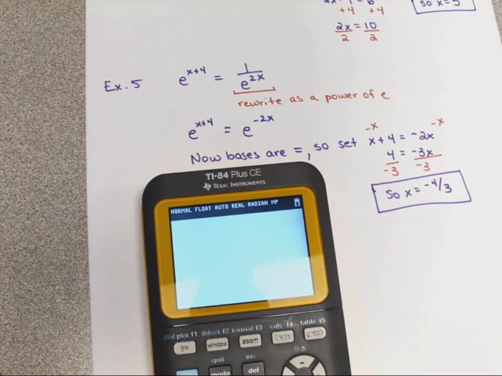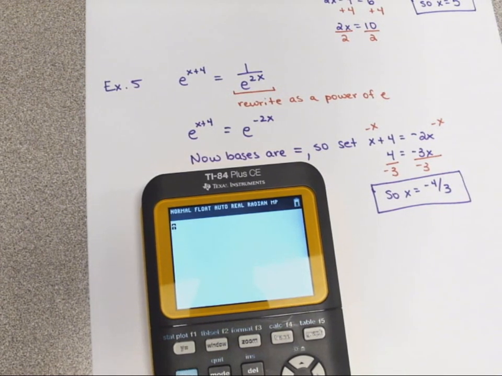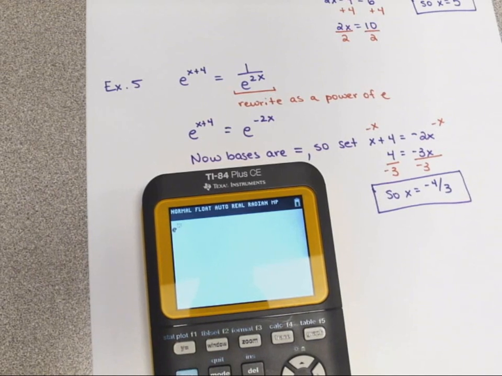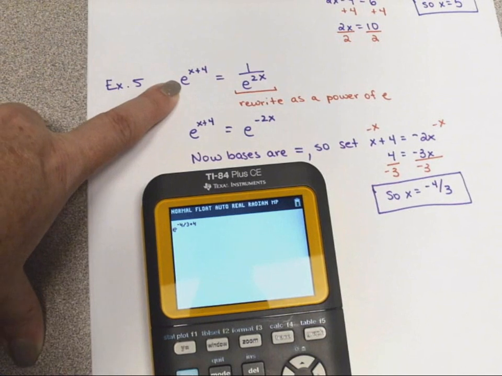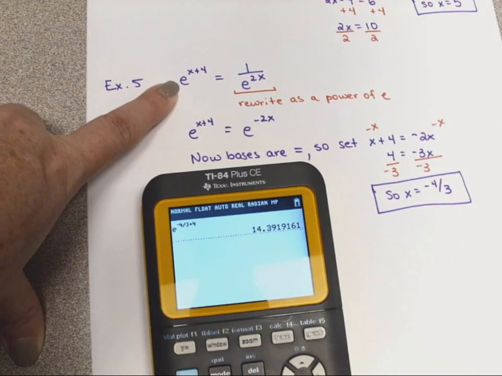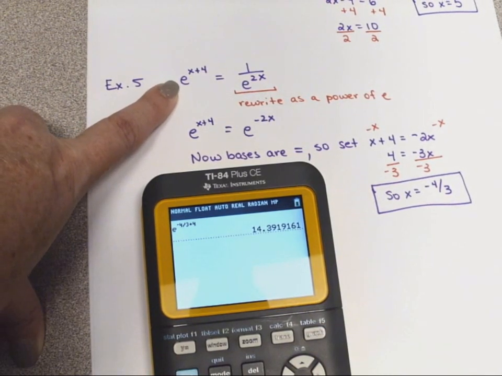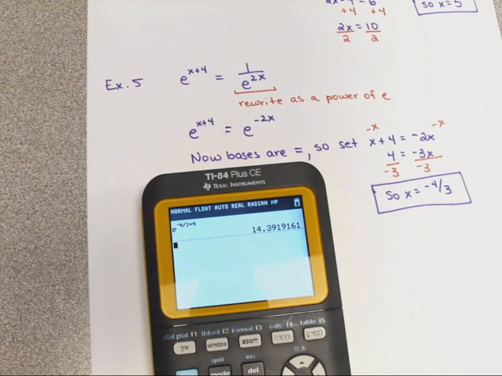Okay, so let me show you what I mean by it's not going to give you anything pleasant. So we're going to plug in the left and the right side, and we don't care what we get, we just care that they're equal to each other. Okay, so we're going to do e raised to the negative 4/3 plus 4 power, right? Because I'm copying down what I have here. And I'm going to get 14 point blah, blah, blah. I don't even care what it is. But I want to compare that with what I get here. So let's try that.